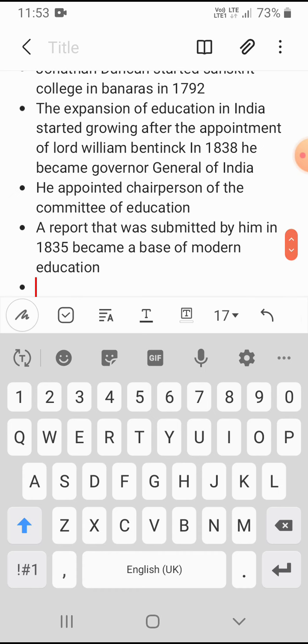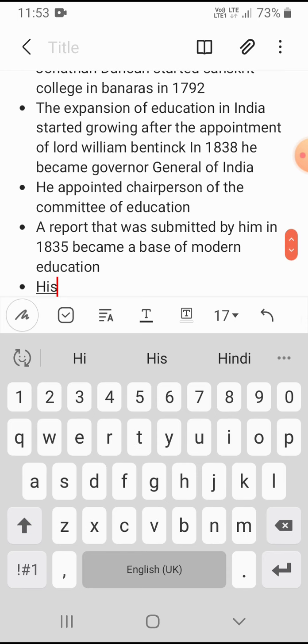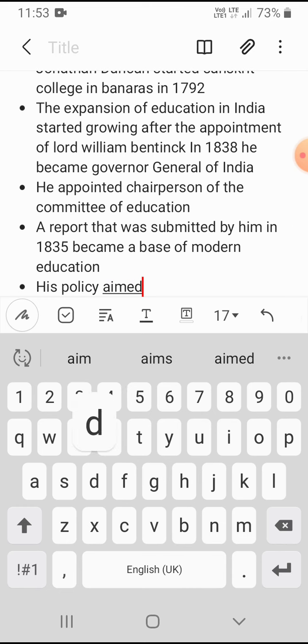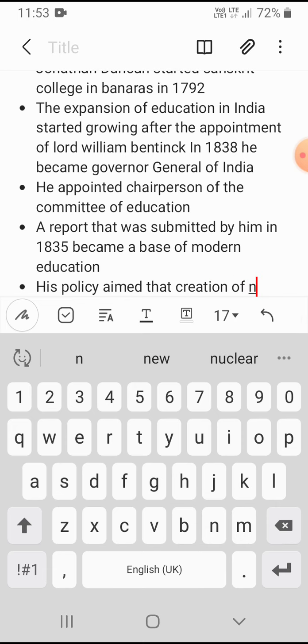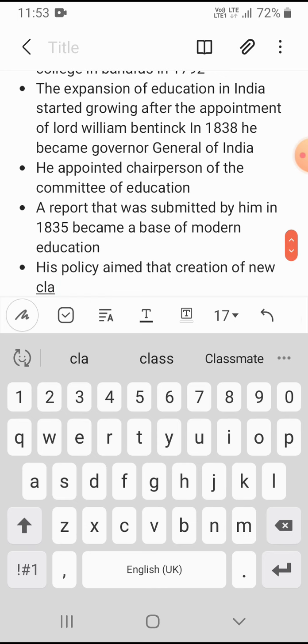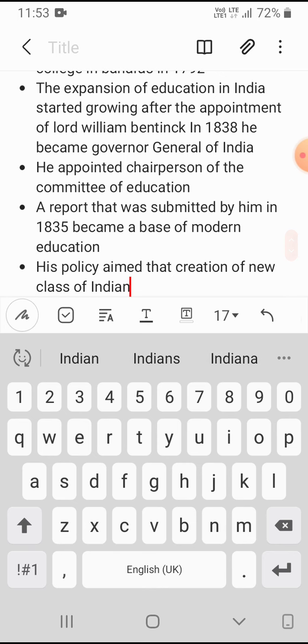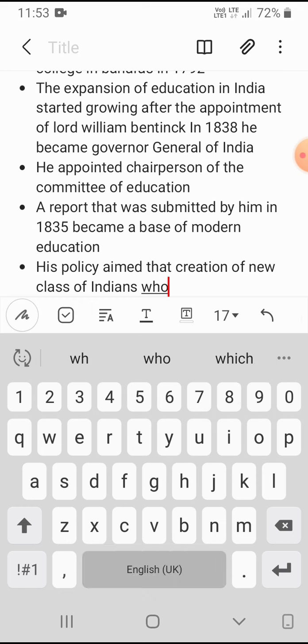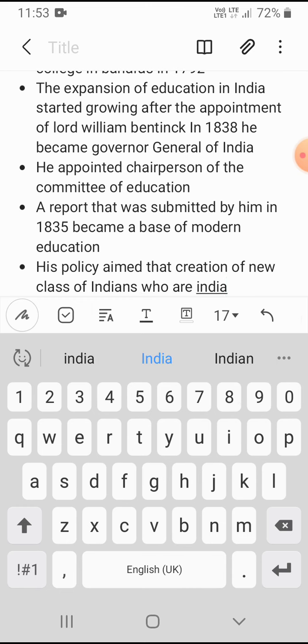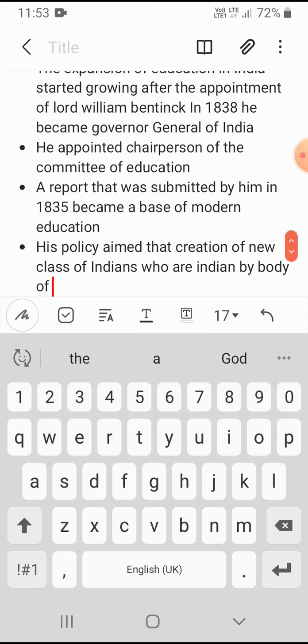And his policy aimed at the creation of a new class of Indians who are Indian by body but British in intelligence.